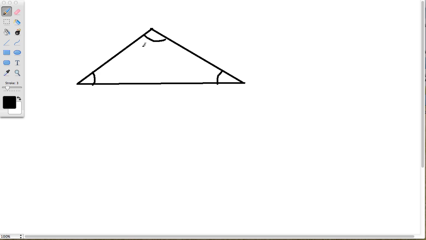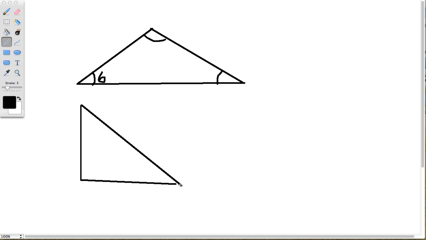Let me make a new triangle. So let's say we have a triangle here that has a 90-degree angle here.